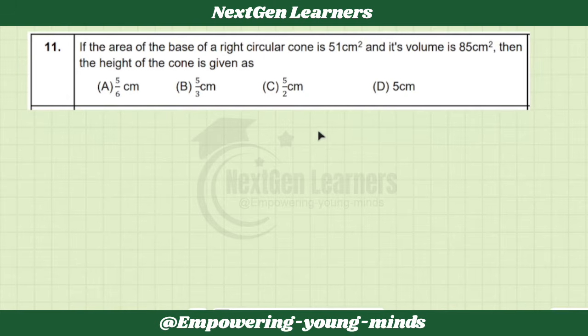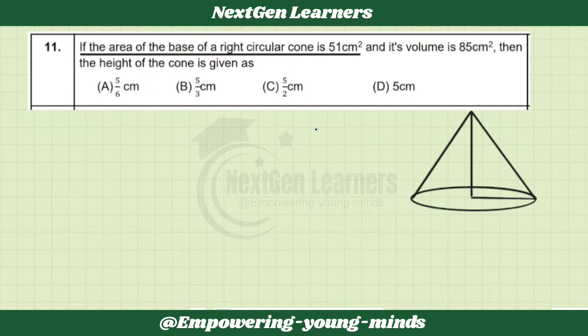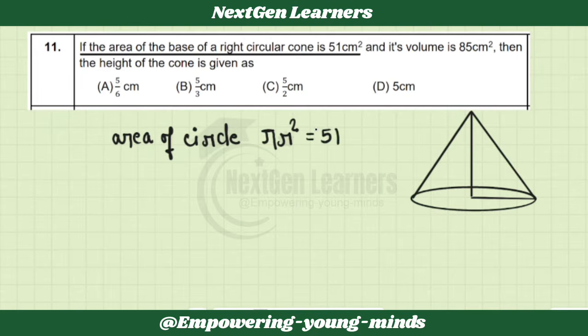Let's start the question. If the area of base of a right circular cone is 51 centimeter square, let me draw the diagram first. So as you can see the diagram as well. The base of a circular cone is a circle, so the area of a circle, as you all know, is pi r square, and it is given as 51 centimeter square.